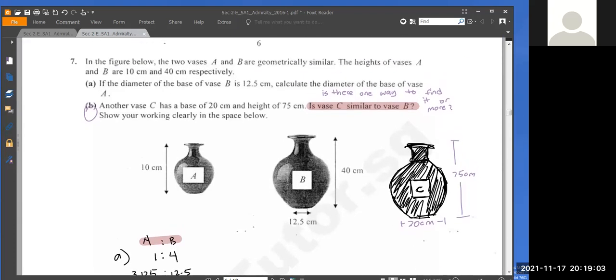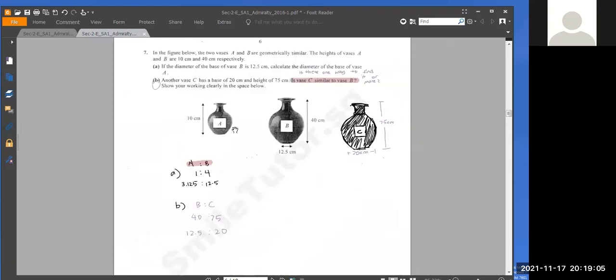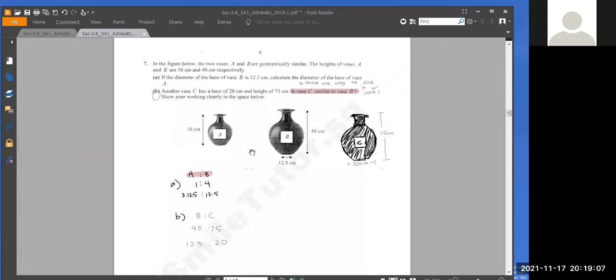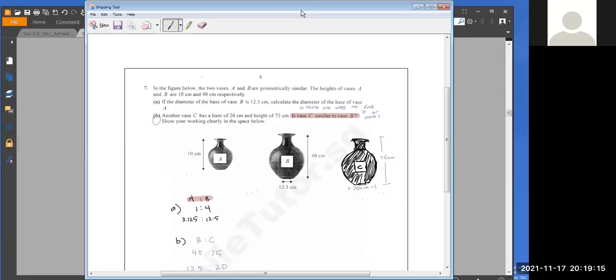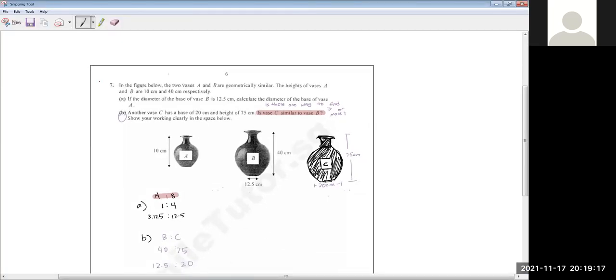Let me crop this out first. For this question, you need to focus on the words geometrically similar, so you make use of the similarity property.